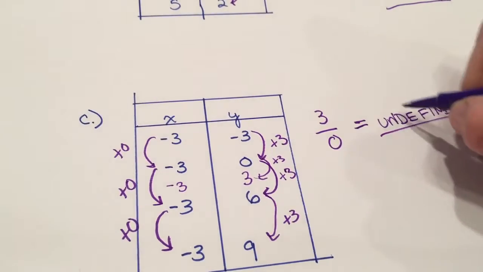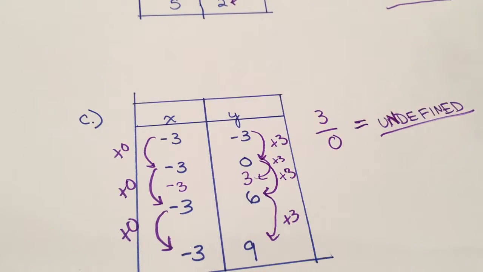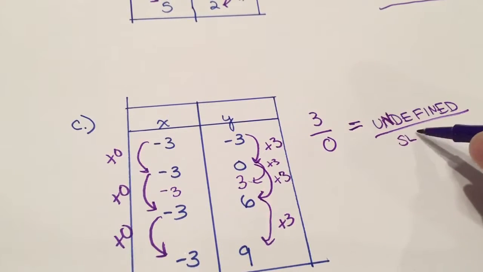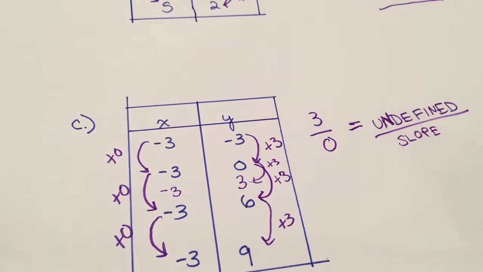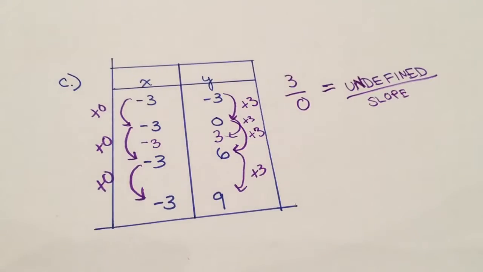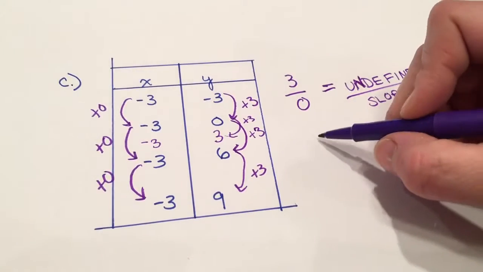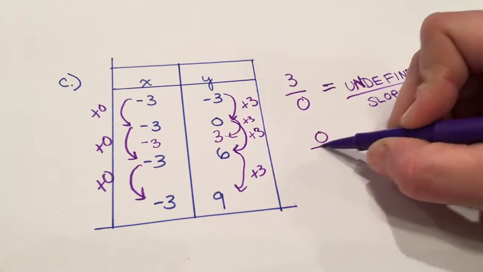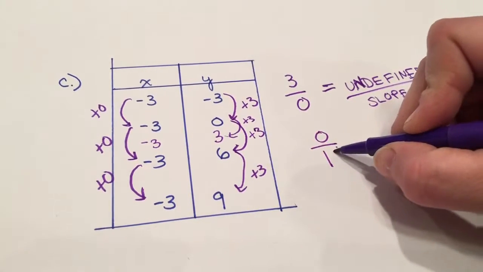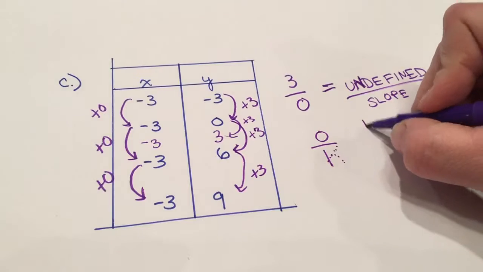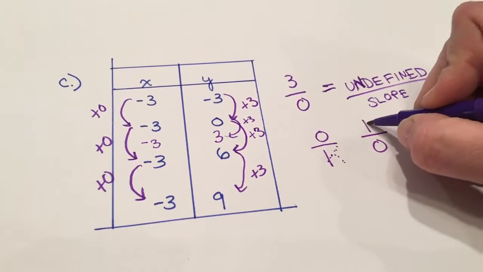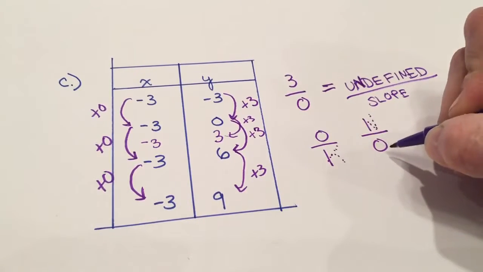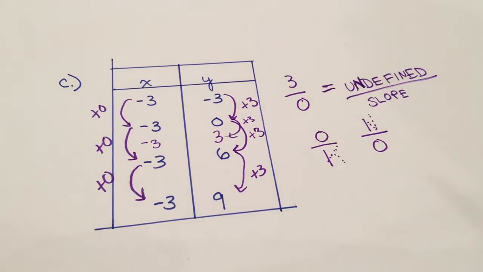This is an undefined slope. Think of it like your triple black diamonds for those of you who do ski. Remember, 0 over 1 is okay, but 1 over 0 is no. This is my undefined slope.